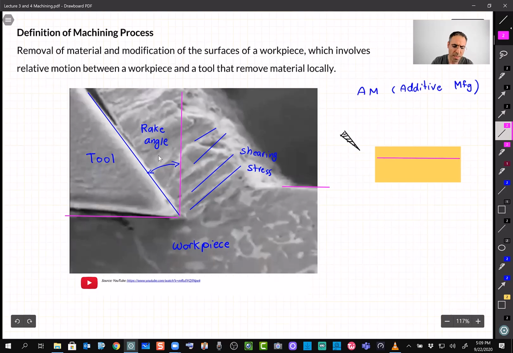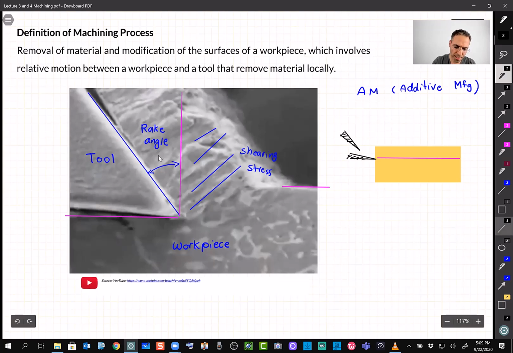I want you to visualize, if you decide to cut this butter along this line, you can either hold the knife horizontally, something like that. Let's say this is your knife. This is the cross section of your knife, by the way.